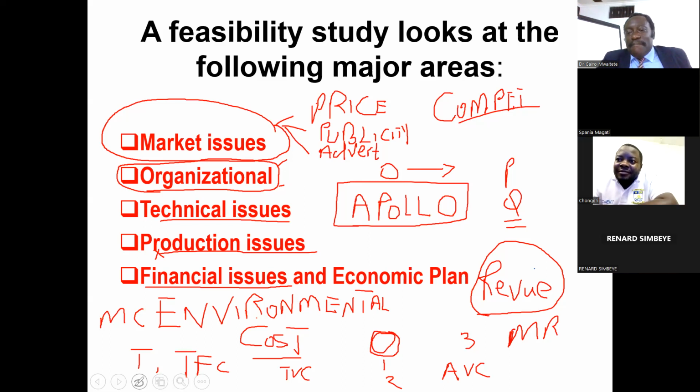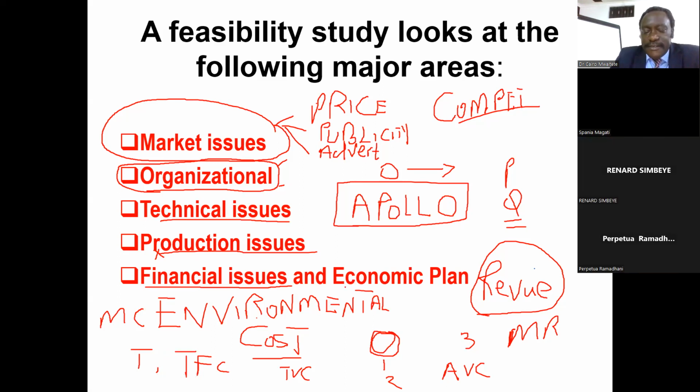Apart from saying time is running so fast, let me also talk about the environmental, oh, yes, financial and economic appraisal issues. So you will talk about the financial issues. And within the financial issues, you must be able to know what is the total profit that will be generated.